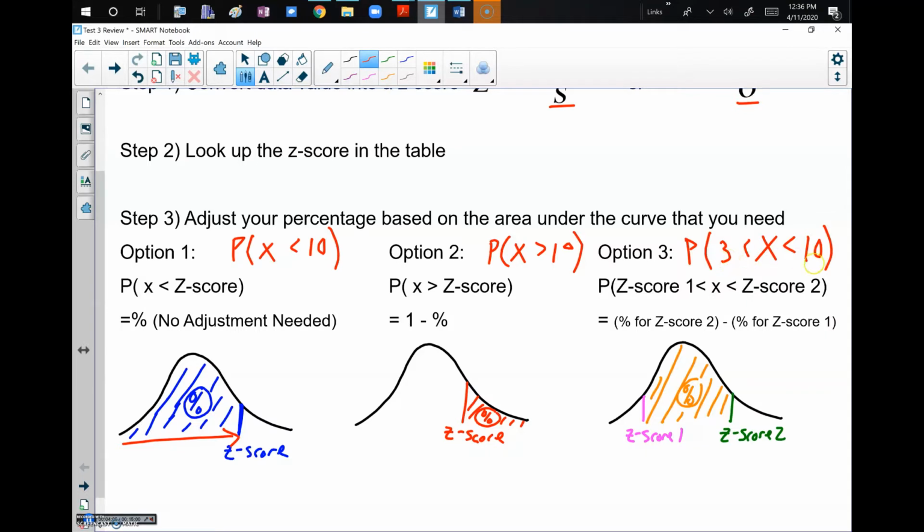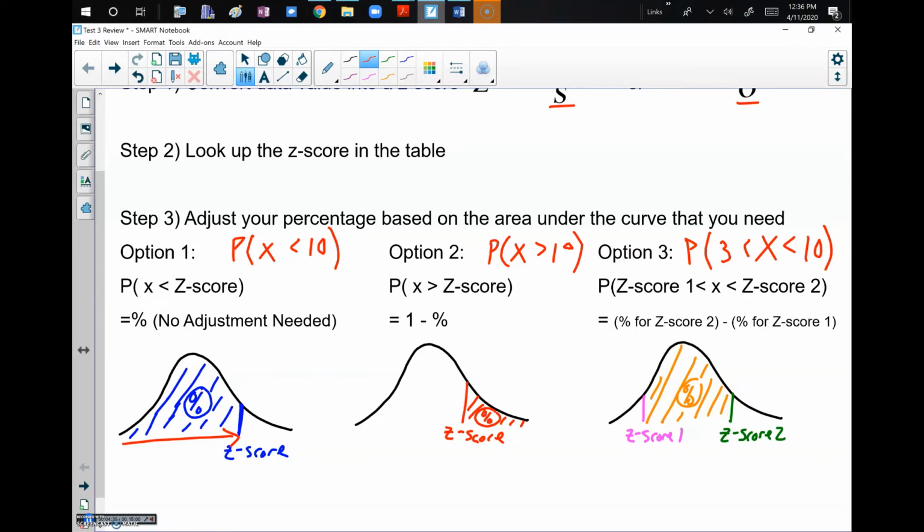I have to find the z-score for 10 and look up the probability from our z-score table. Then I would also have to find the z-score for 3 and look that up in my z-score table. And then I'm going to subtract my values. So I'm going to take the larger percent value that we found minus the smaller percent value that we found in our table. And by doing that subtraction, we're going to find the piece in the middle of the distribution.